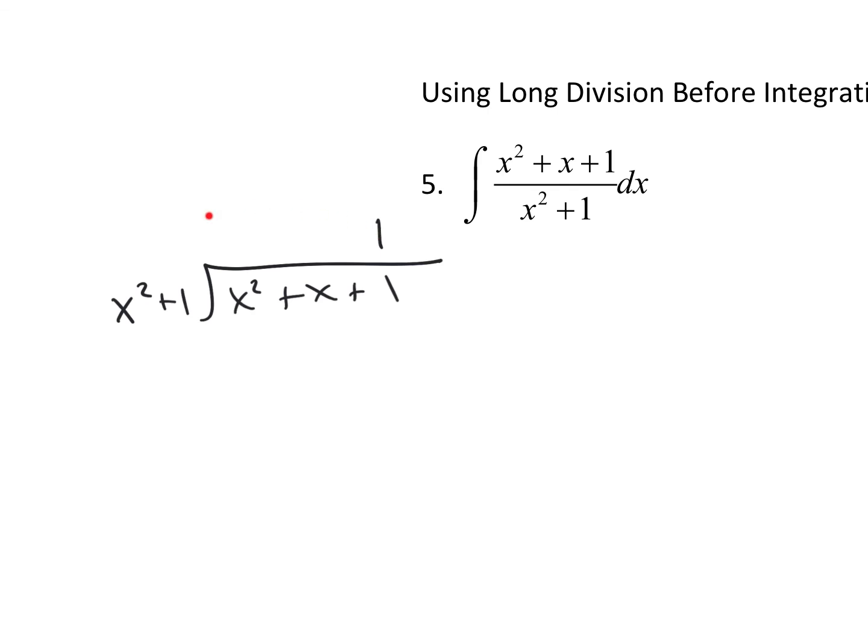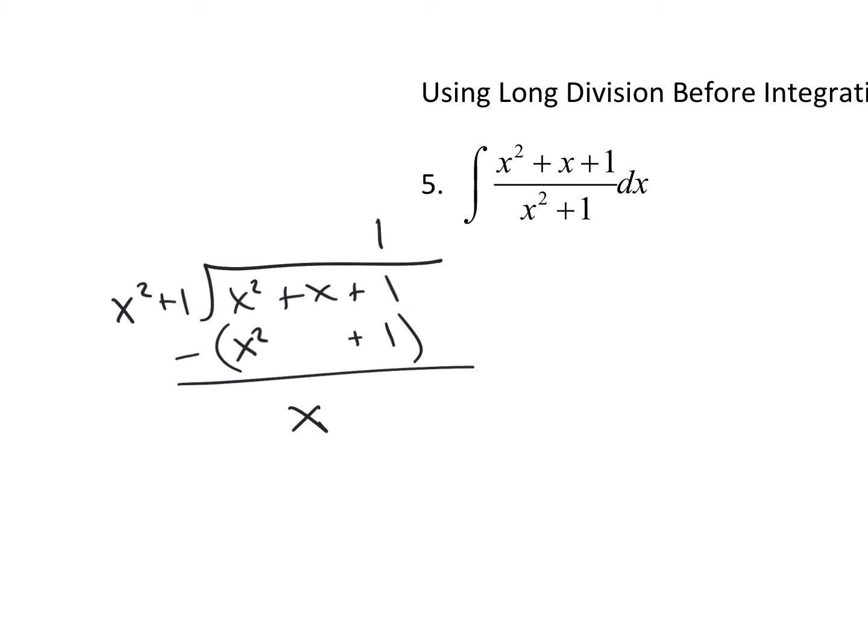And then I'm going to take that 1 and multiply it here by the x squared plus 1. So I get x squared plus 1, and then I'm going to subtract that whole thing and bring down this x, because x squared minus x squared cancels out, x minus nothing is x, 1 minus 1 cancels out, so then I just get x here.